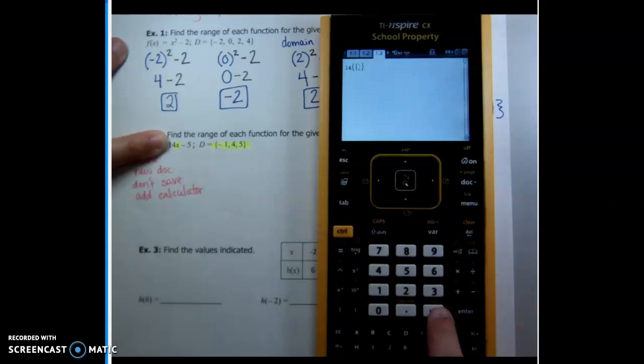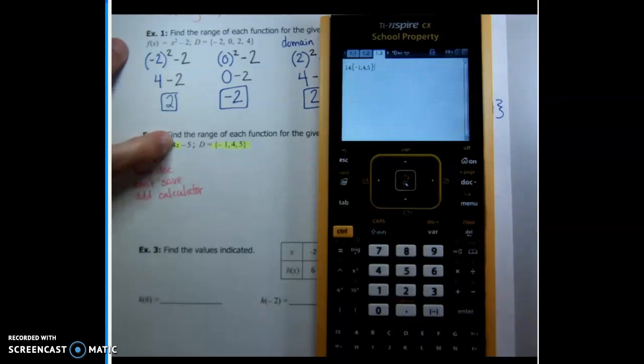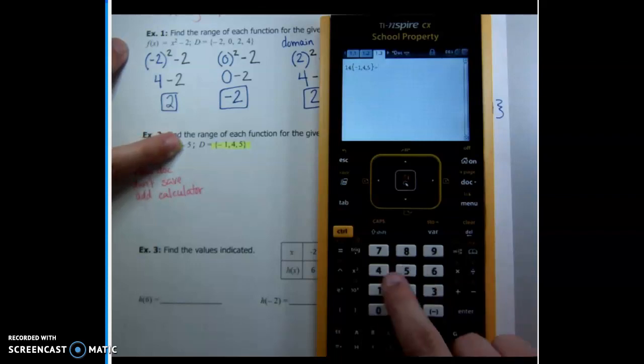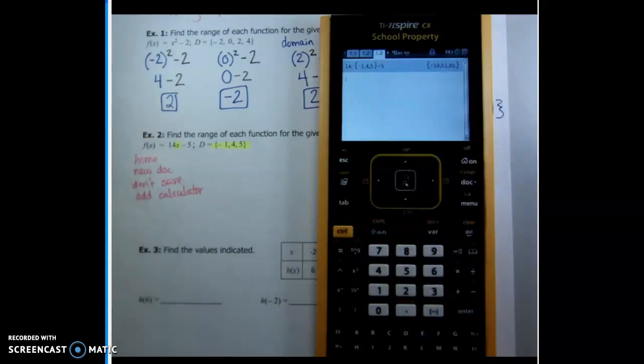So -1, not minus 1, you have to use this negative button right here. -1, comma, 4, comma, 5. I'm going to scroll over. So those are all my x values, so I'm not going to put x again. That'll confuse it. And then we have -5. It just gave me all 3 answers.